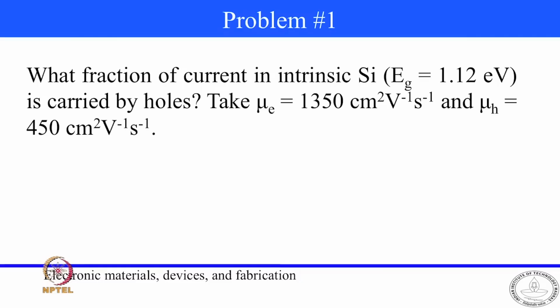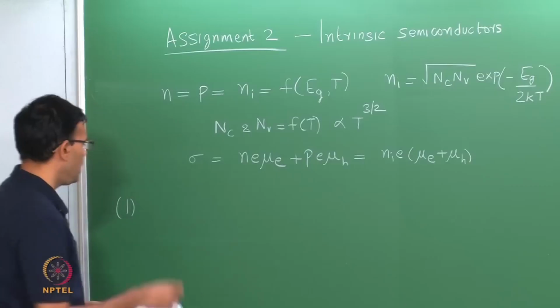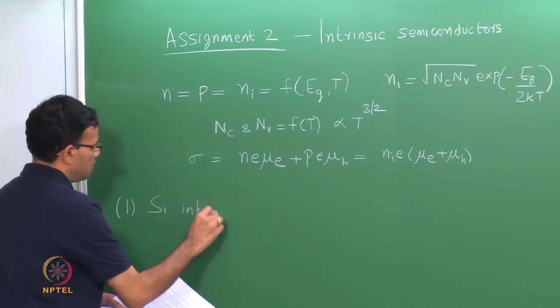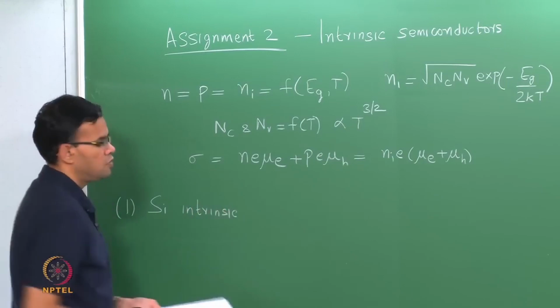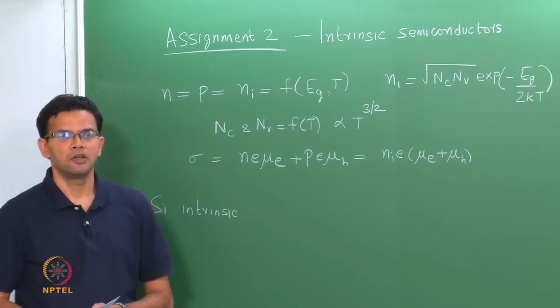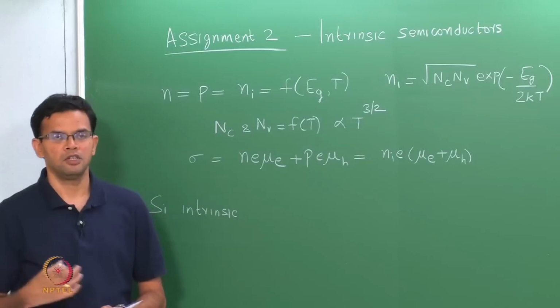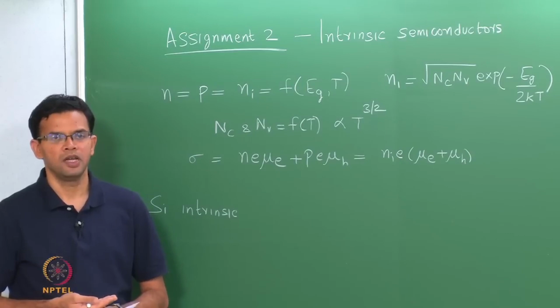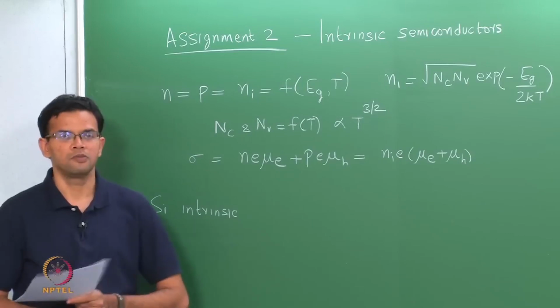What fraction of current in intrinsic silicon is carried by holes? So, we have silicon and it is intrinsic, which means N equal to P equal to Ni, and the question asks what fraction of current or what fraction of conductivity is defined by the holes.